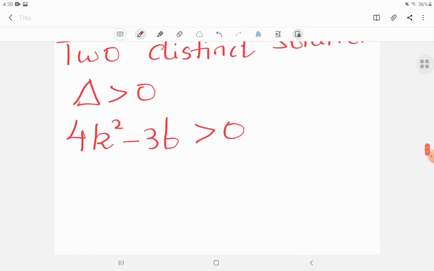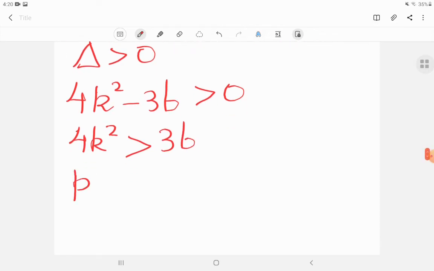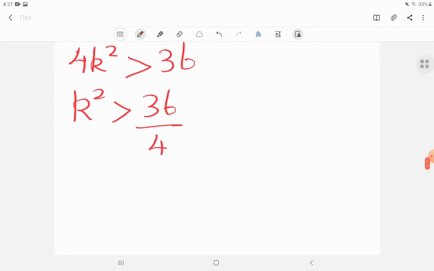Now we solve for k, just like solving an inequality. 4k square is greater than 36. Divide by 4, so you get k square is greater than 9.